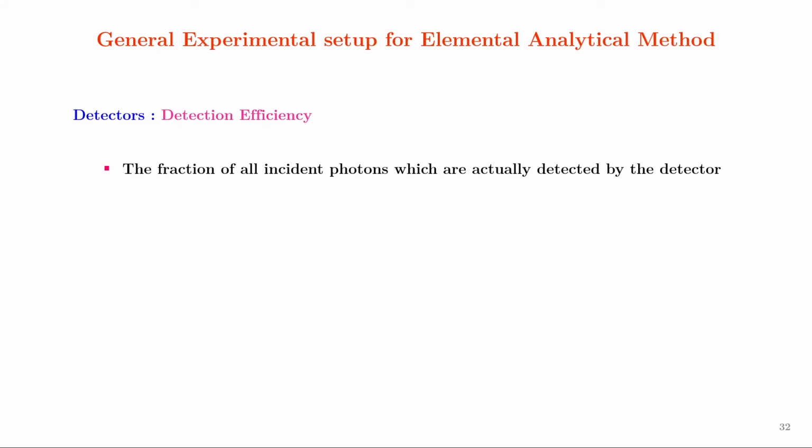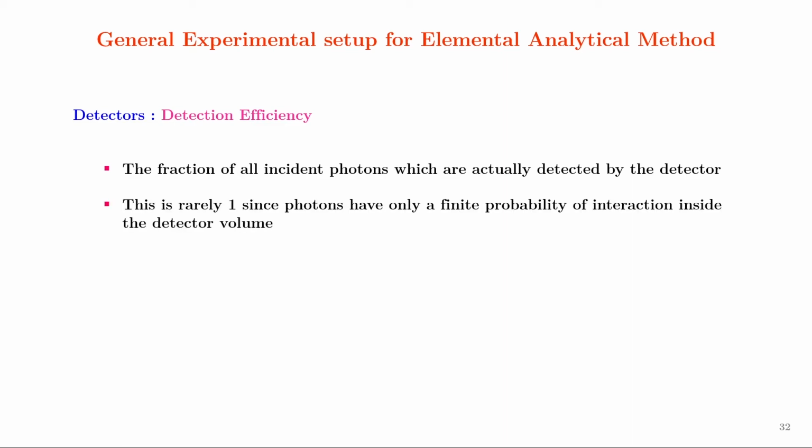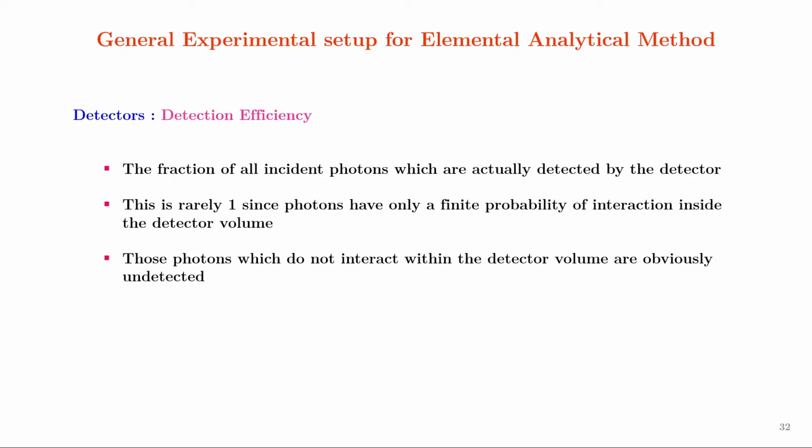Another important aspect with regard to detectors is the detection efficiency. Detection efficiency is defined as the fraction of all incident photons which are actually detected by the detector. This is rarely one, since photons have only a finite probability of interaction inside the detector volume.